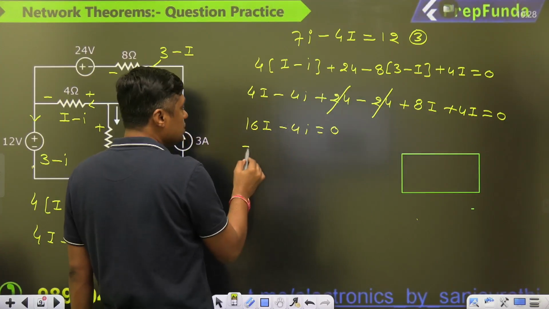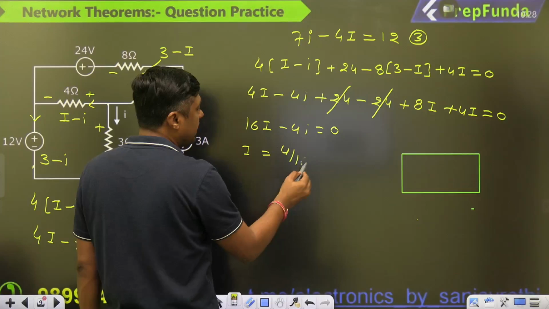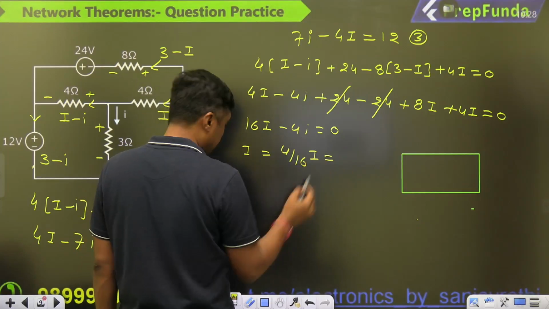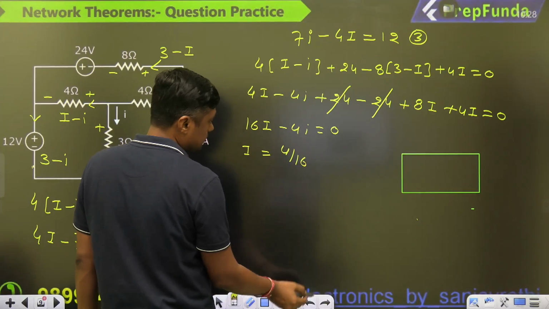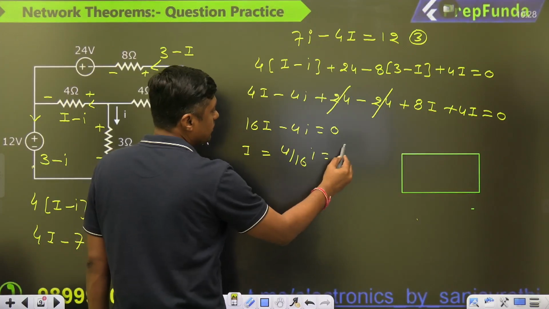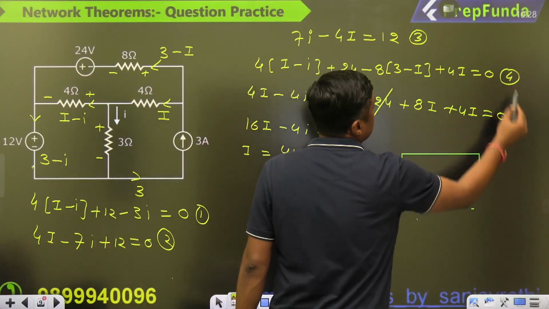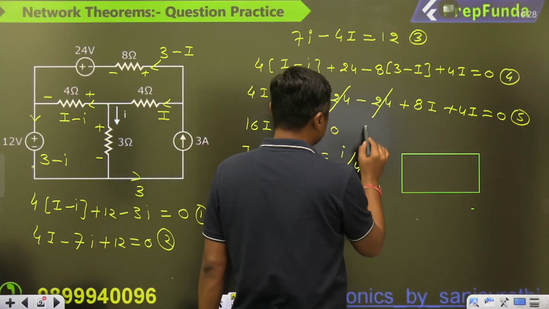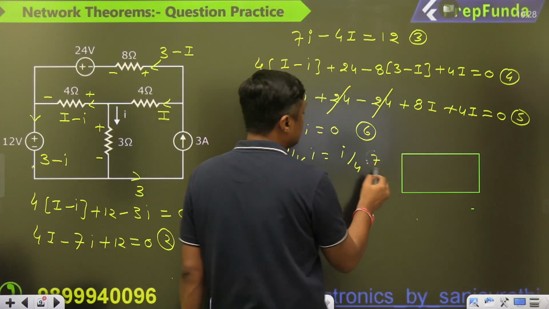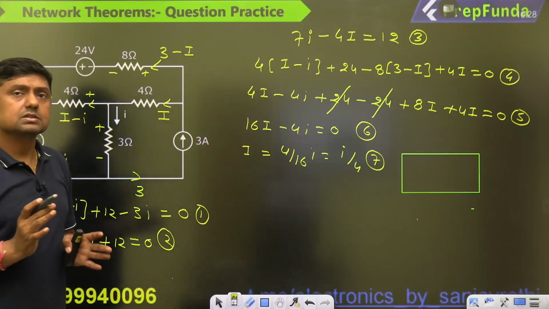So what is the I is equal to 4 by 16 times of I, that is small i by 4. So it is the equation number 4, number 5, number 6, and that is the equation number 7. If you have any doubt, then you can ask.